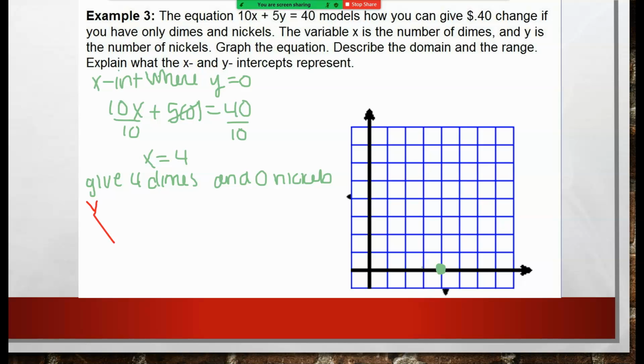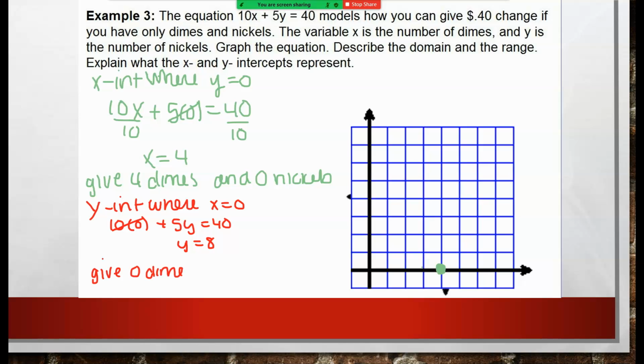The y-intercept, conversely then, is the point where x is equal to 0. So you'd have 10 times 0 plus 5y equals 40. So we'd get y is equal to 8. And what that means is that we are giving 0 dimes and 8 nickels.